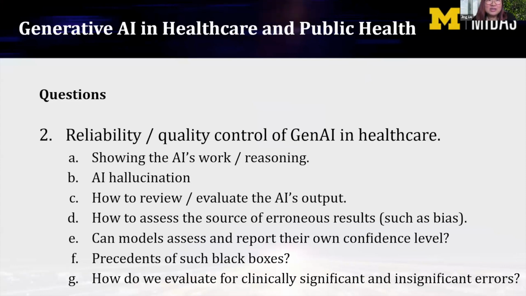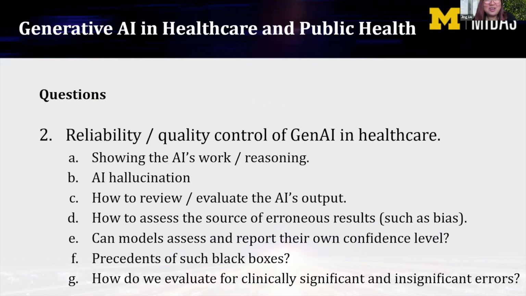The next set of questions is really reliability and quality control of generative AI's output. Things such as how do we understand the AI's work and its reasoning process, how to evaluate the output. Somebody asked how to assess the source of erroneous results, bias, where does the bias come from? Somebody asked, is there any model out there that can assess and report their own confidence level?